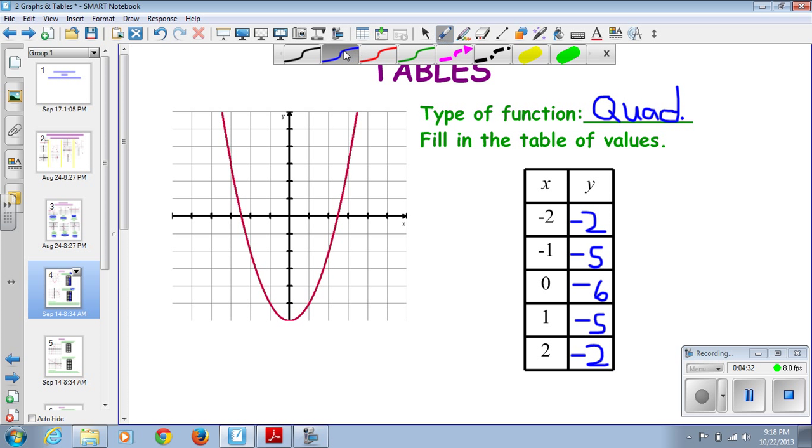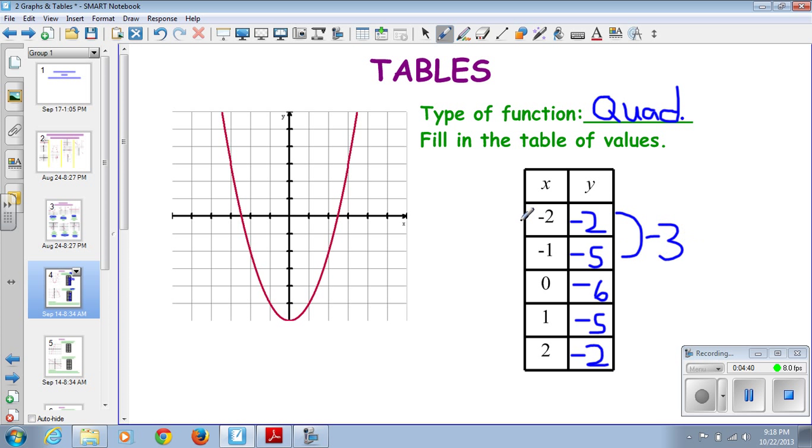So looking at our first table, the rate of change, well here, as y goes down by 3, our x is going up by 1. As y goes down by 1, x goes up by 1. And as y goes up by 1, our x is up by 1. And as y goes up by 3, our x, again, is going up by 1.